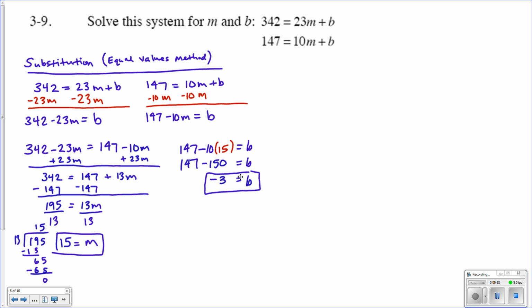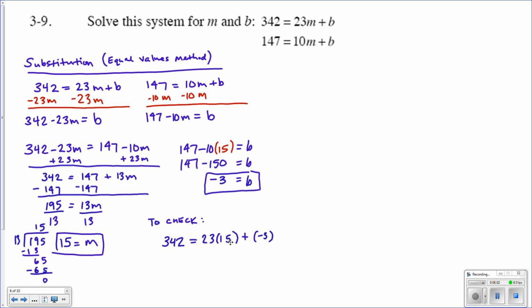How do we check it? Let's plug them both back into one of the other equations there. So to check, let's use the 342. So we're going to say that equals 23 times 15. And then we're going to add -3. 23 times 15.